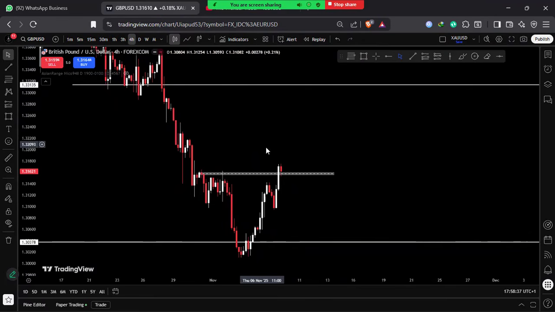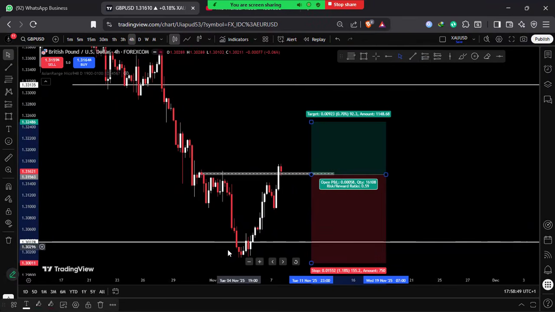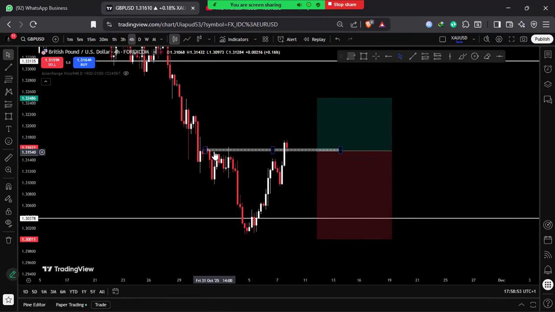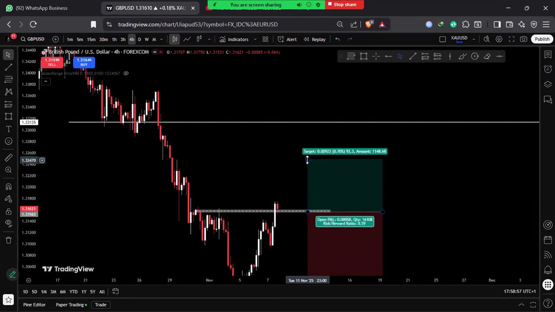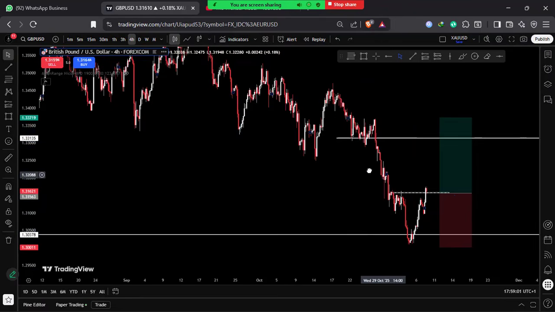Some people could just enter right from this place and put their stop loss. Remember that low that dipped into that key level, that last low that was sponsored by this high here, is where you put your stop loss. So people just do this and target, depending on what they are doing.